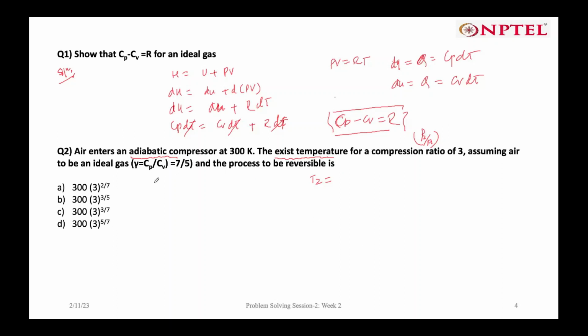Reversible adiabatic process. So for adiabatic process, PV raised to the power gamma is equal to constant. Right.